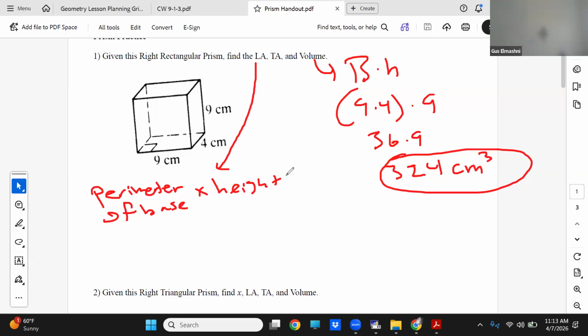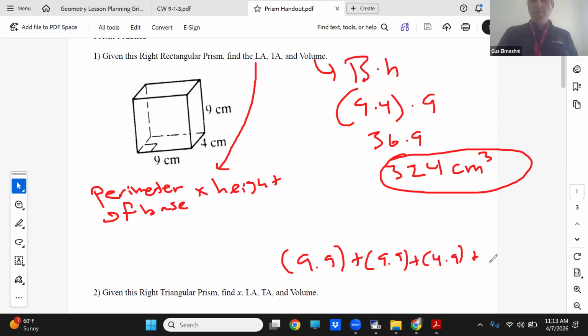You gotta do 9 times 9, 9 times 9 for the front and back. Well, if you're adding up, don't write this down. If you think about it, you're doing 9 times 9 plus 9 times 9 plus 4 times 9 plus 4 times 9.